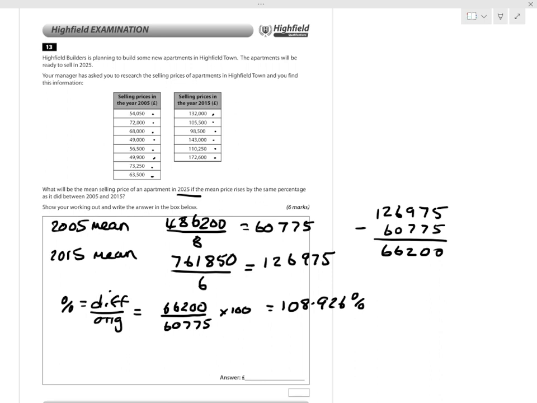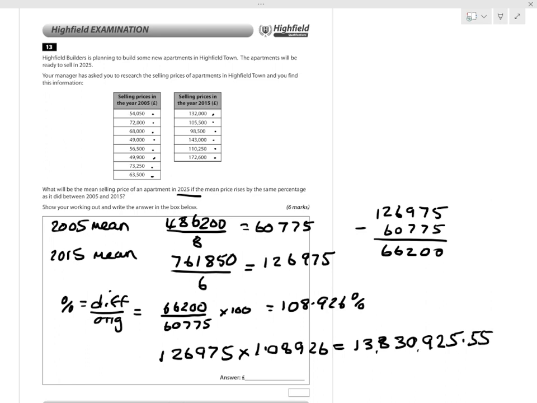So we've got our 2015 mean is 126,975 times 1.08926, and that is 1,383,095 and 55 pence on the end.